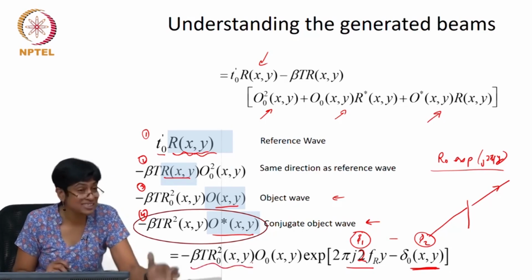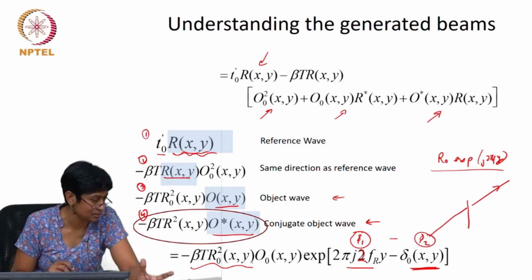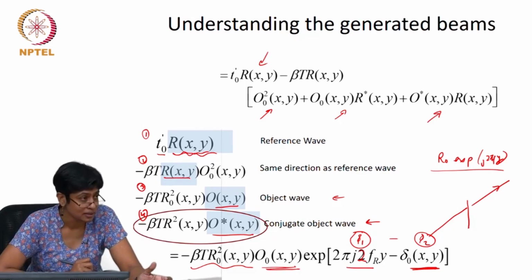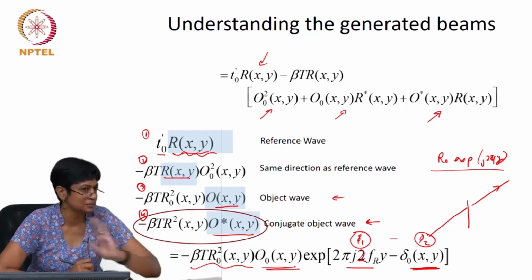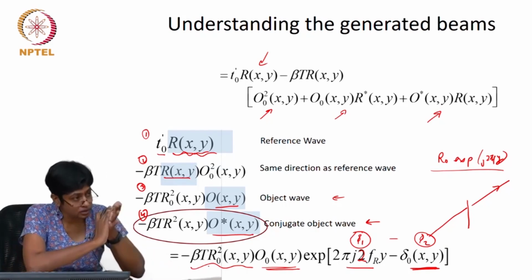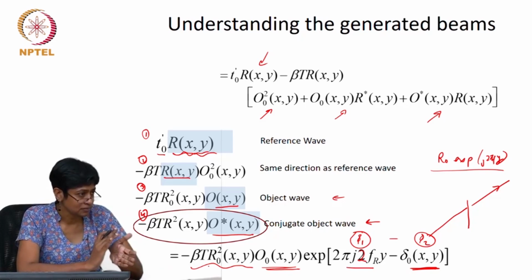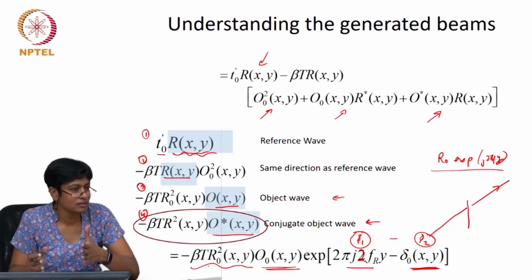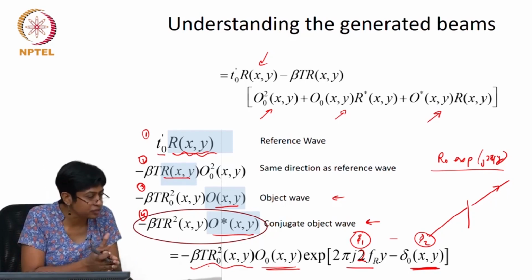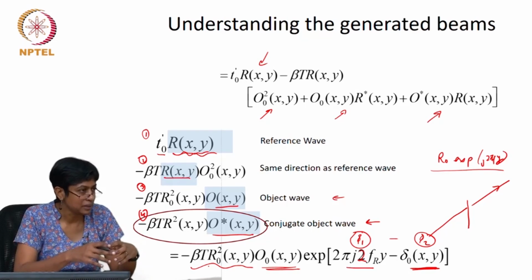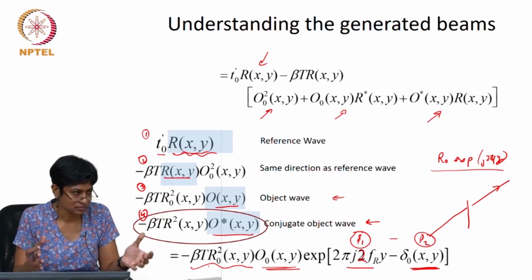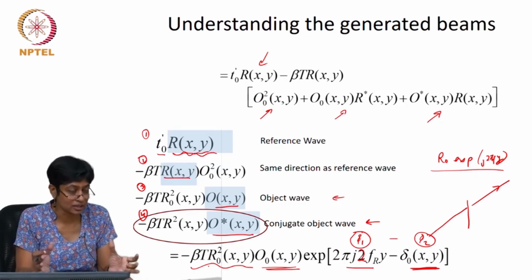There is some scaling factor that is multiplied throughout, but that does not matter. In addition, that object beam is now travelling in some direction which is different from the original object beam, but that doesn't matter. My goal is to get the object beam. I live with the fact it's in a different direction.